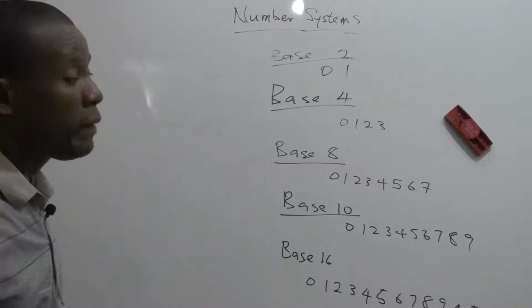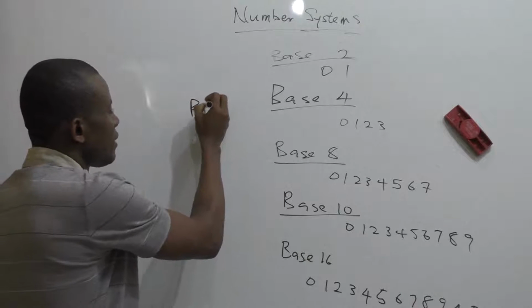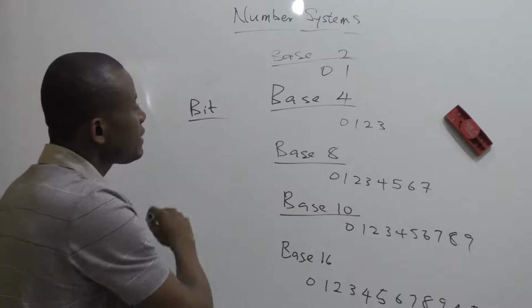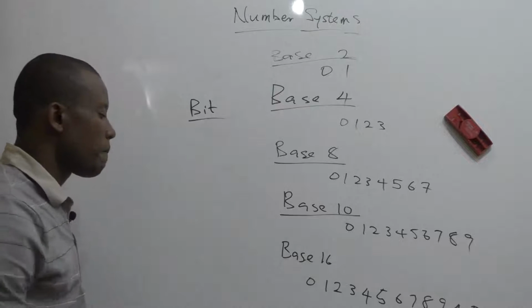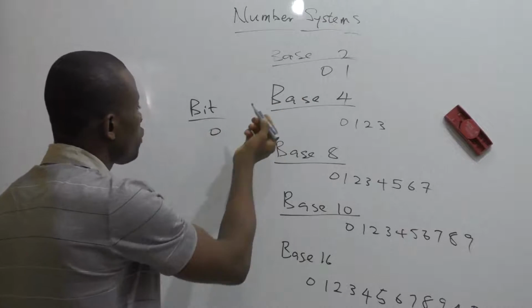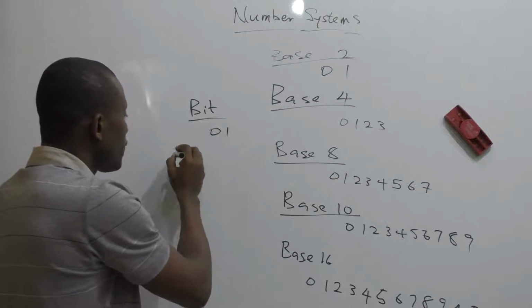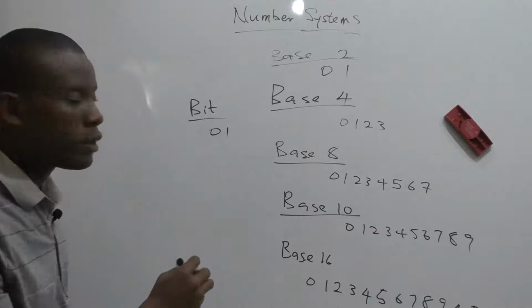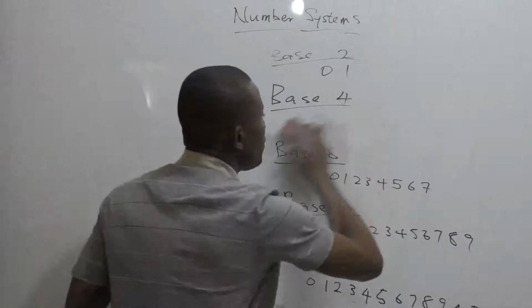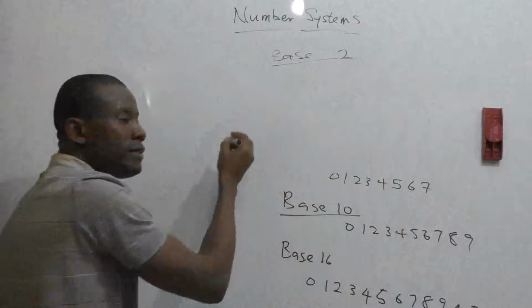Remember that we have this concept of bits. A bit is just a single figure. For instance, 0 is 1 bit, 0 1 is 2 bits, and so on. So let me just tell you the conversions we have. Just try to understand the points I'm making.